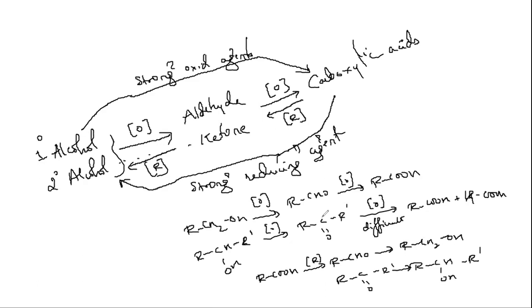So this is all about oxidation and reduction, which you can remember completely: starting from primary alcohols, aldehydes, carboxylic acids, or starting from secondary alcohols, ketones. Okay, so this is all about oxidation and reduction.